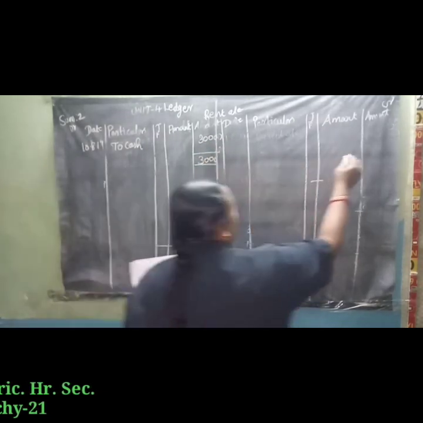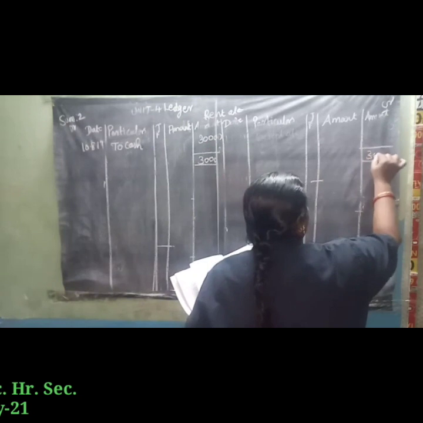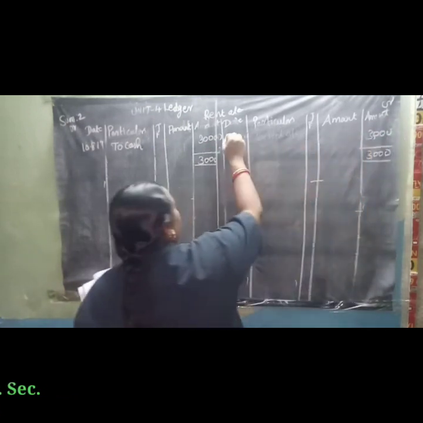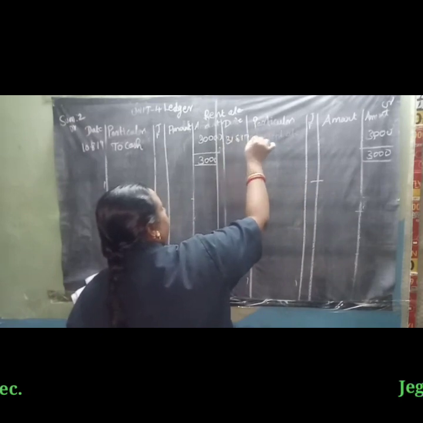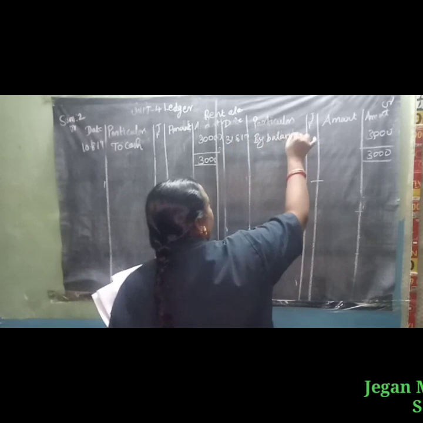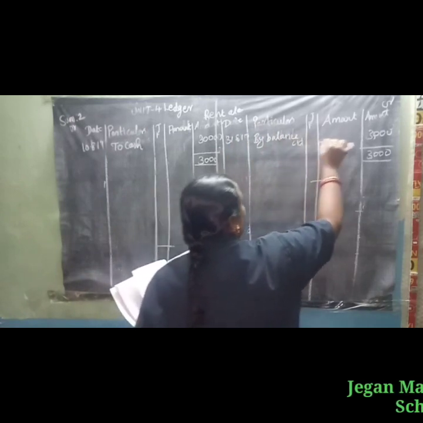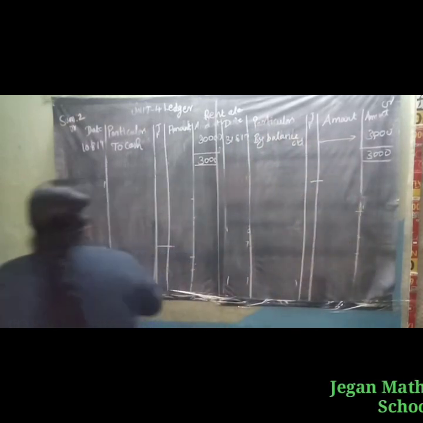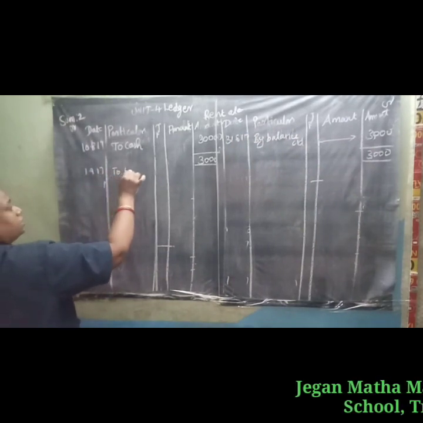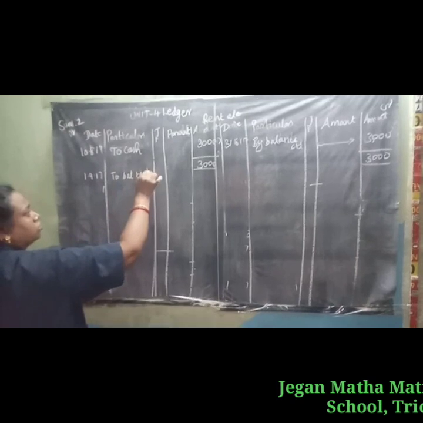Bring it to the credit side 3,000, 31/8/2017, by balance carry down. Then 1/9/2017, to balance brought down 3,000.